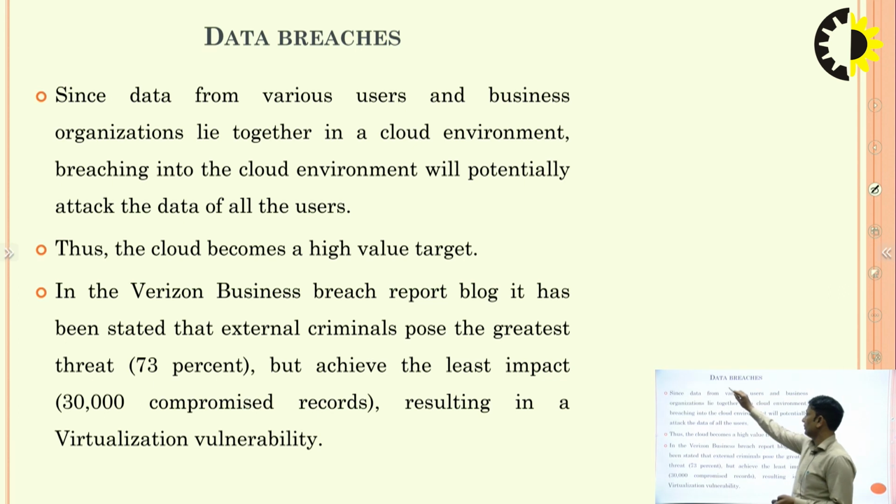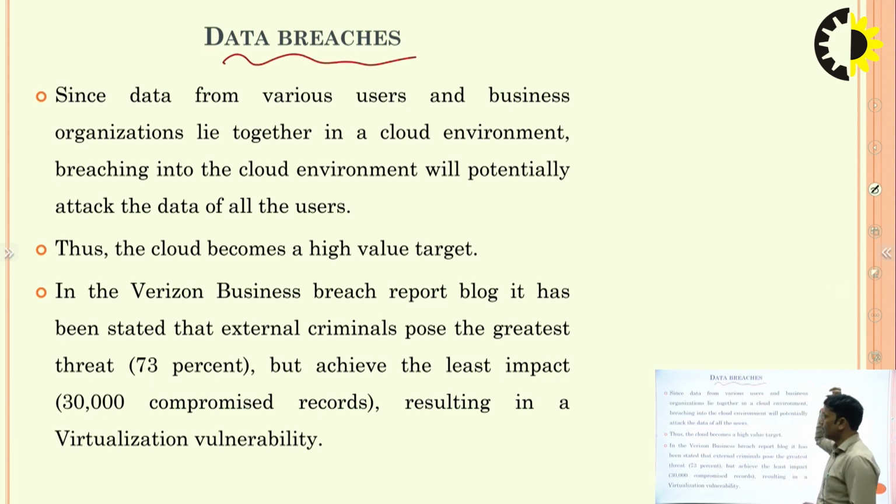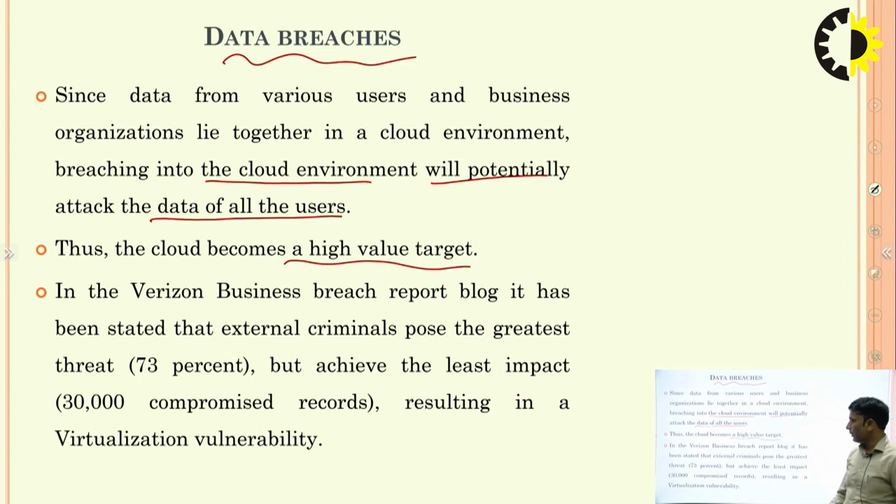Data breaches are a very important issue. We know that since data from various users and business organizations lie together in a cloud environment, breaching into the cloud environment will potentially attack the data of all the users. So thus the cloud becomes a high value target.